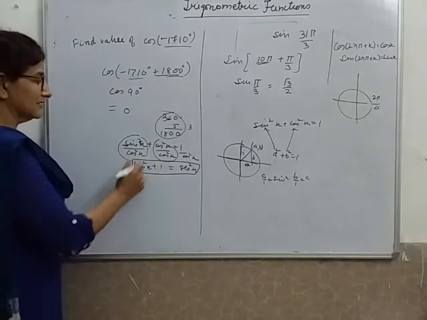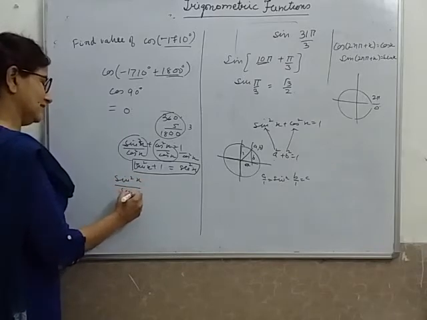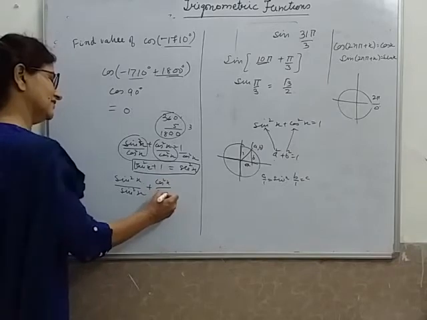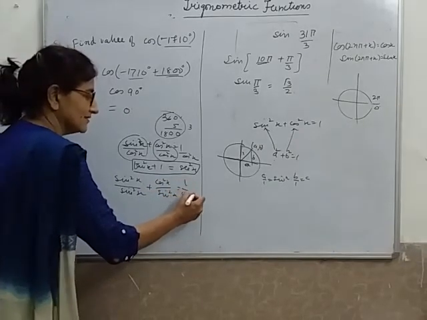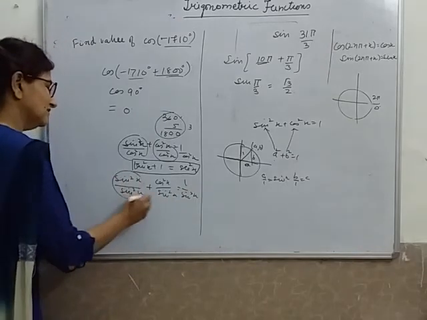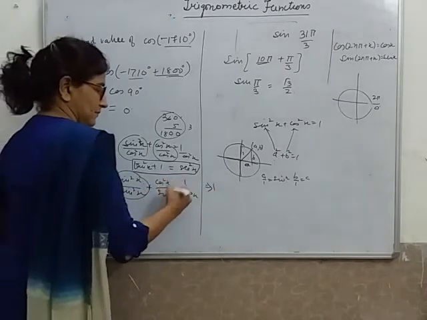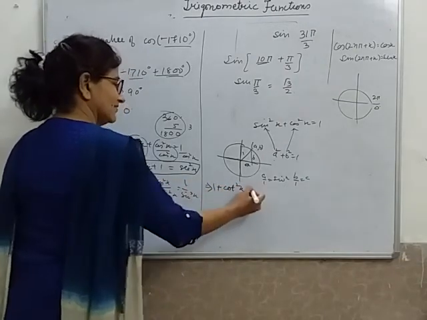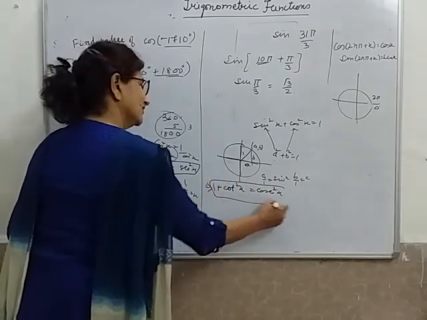Something interesting. If I divide by sin square instead, see what happens? Cos square x by sin square x, and this equals 1 by sin square x. So this will be 1, plus cos square by sin square, which is cot square x. 1 by sin square x equals cosecant square x. This was your third identity.